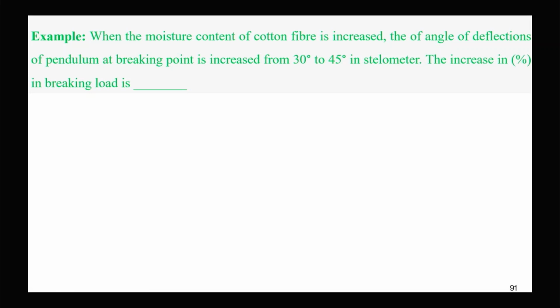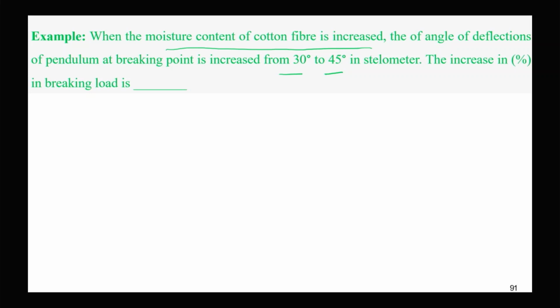Now another similar numerical. As the moisture content of cotton increases, the cotton becomes stronger, so the angle of deflection in the Stelometer increases from 30 degree to 45 degree while breaking.